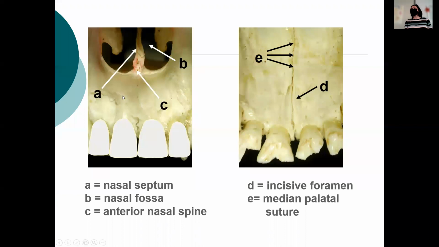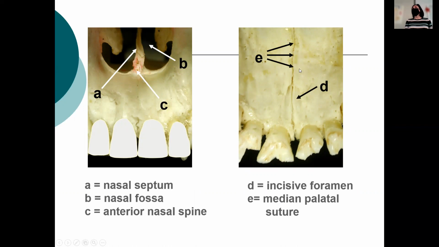So here is a bone skull image of the septum. I always want to call the septum the spine. I don't know when that'll get out of my brain, but the septum is through the center, the spine is at the end, and then we have the cavernous area, which is the nasal fossa.